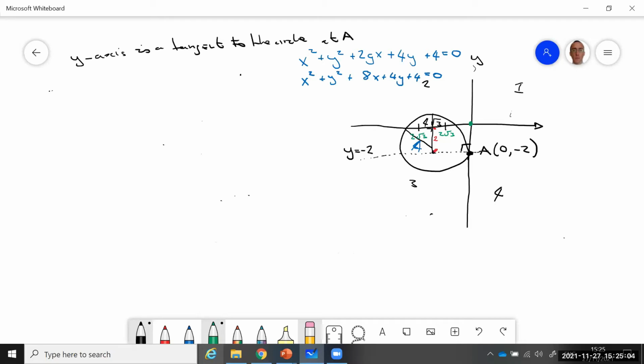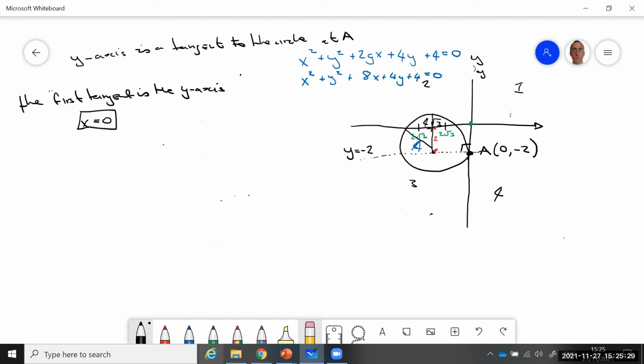We know one of the tangents that goes through the origin, that's the y-axis. So the first tangent is the y-axis, and the equation of the y-axis is x equals 0.